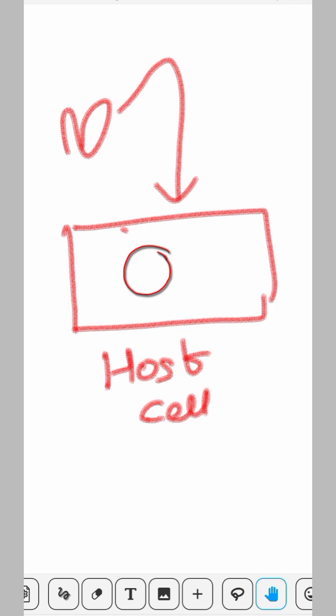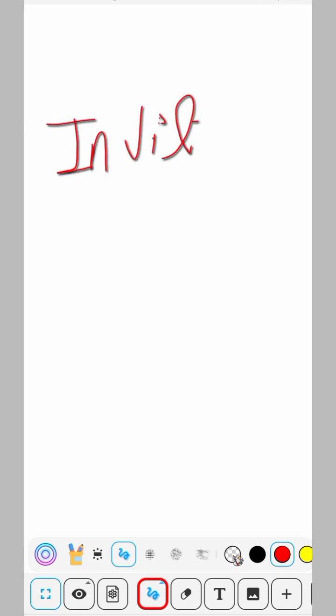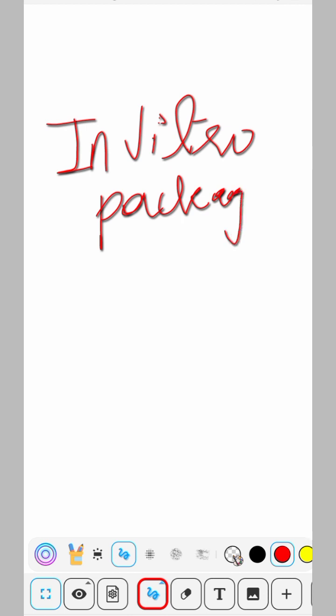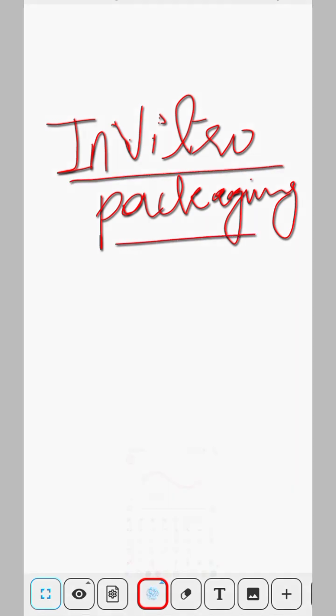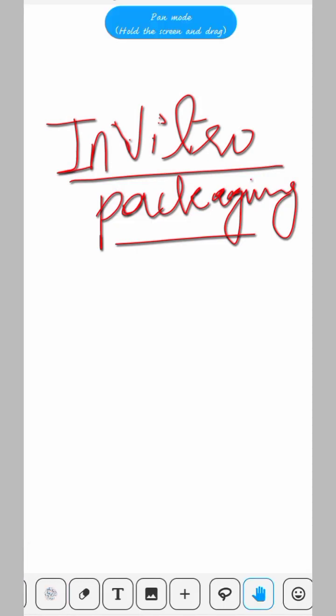Now, in vitro packaging works not only with the lambda genome, but with any molecule that carries the cos sites. In vitro packaging has only two conditions.